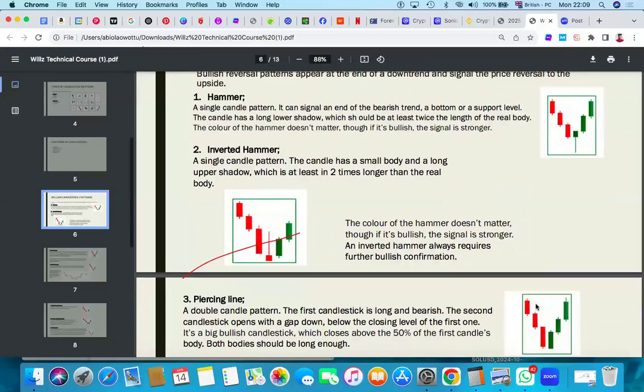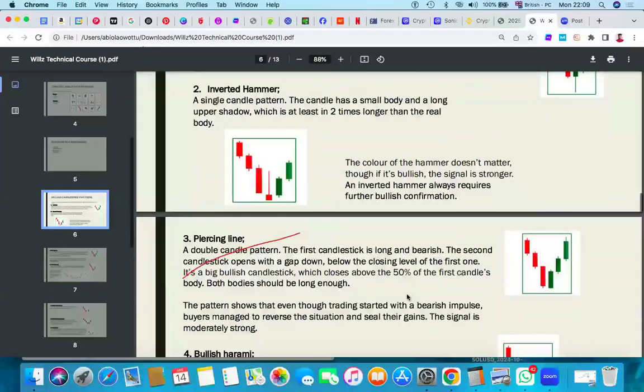The definition is this: a double candle pattern. The first candlestick is long and bearish. The second candlestick opens with a gap down below the closing level of the first one. It's a big bullish candlestick which closes above 50% of the first candle's body. Both bodies should be long enough.